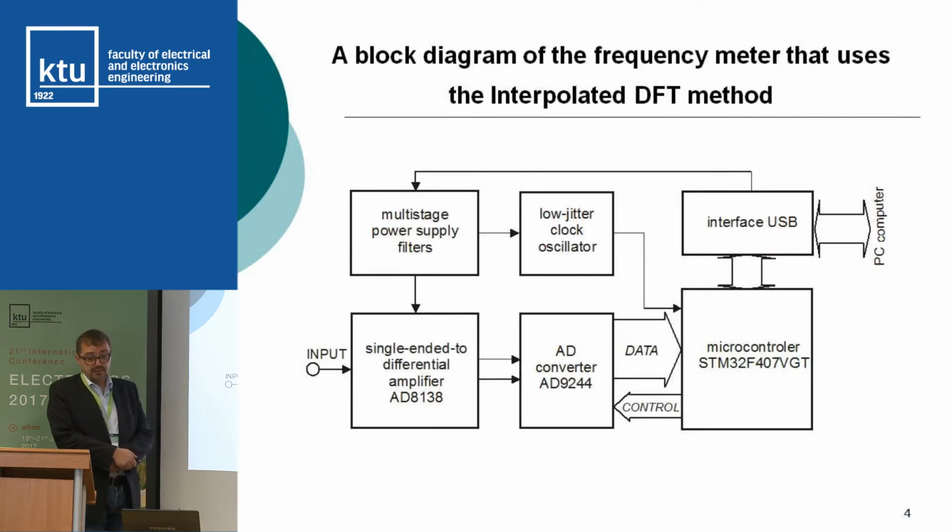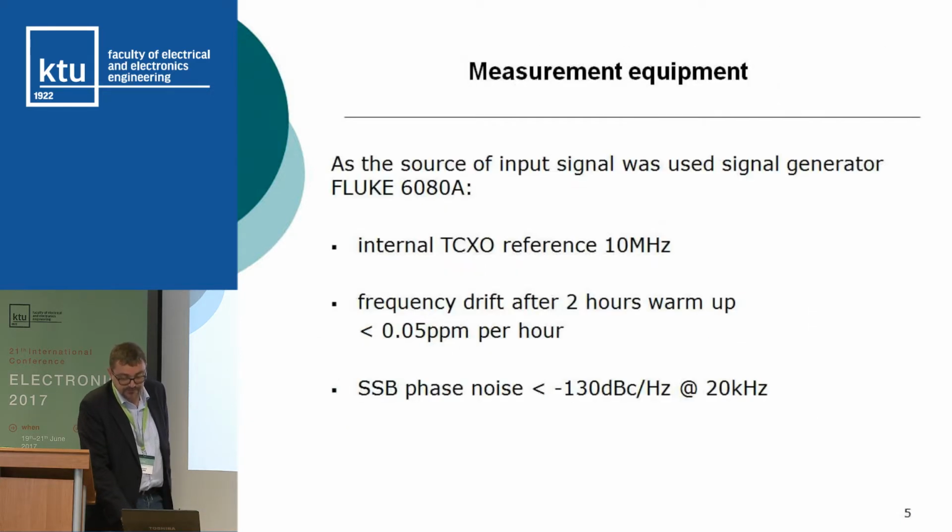So we decided, with my colleague, to build as fast, as accurate and as simple a frequency meter as we could. We chose a 32-bit Atmel microcontroller with DSP and floating point units inside, an external fast 14-bit analog to digital converter and some other elements. And the prototype was built.